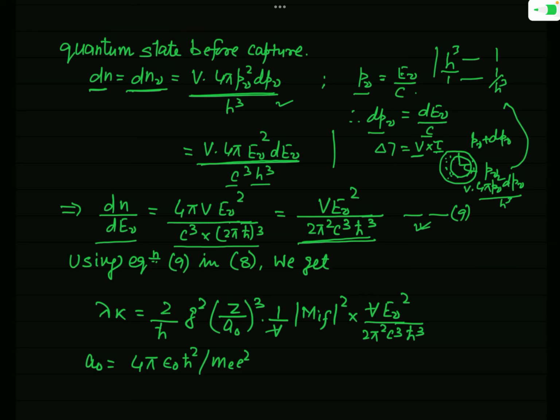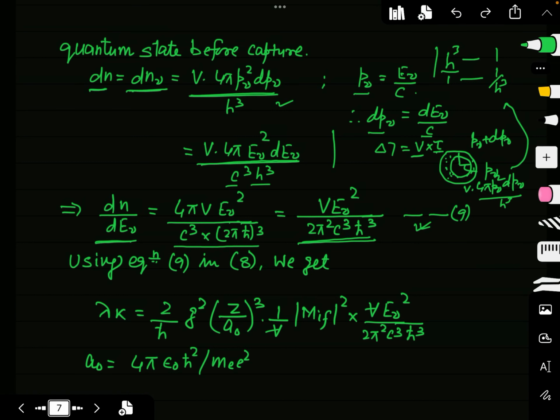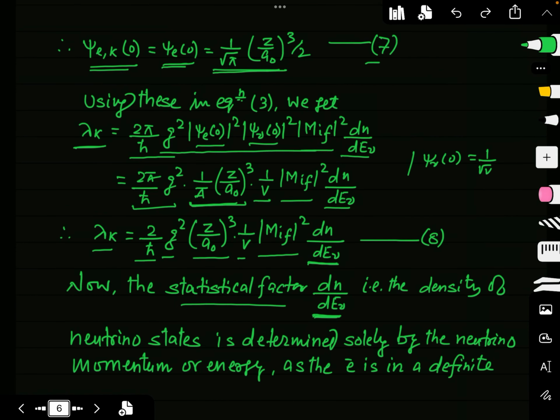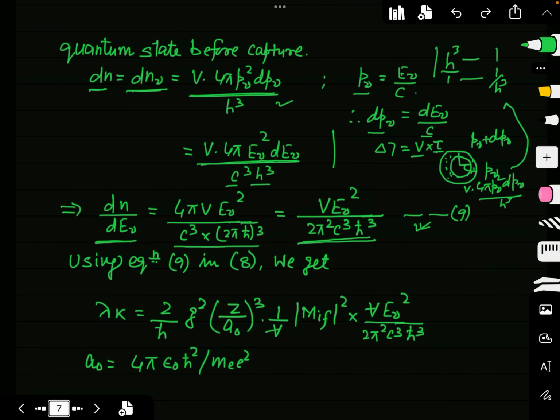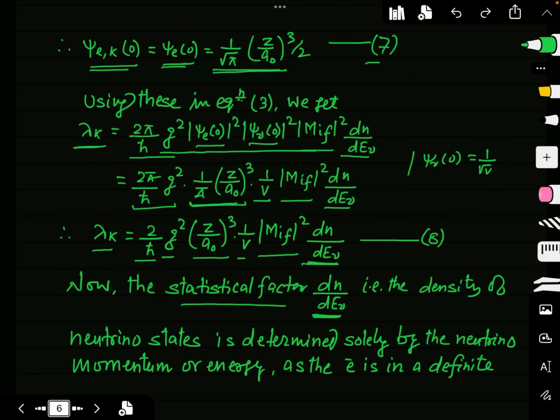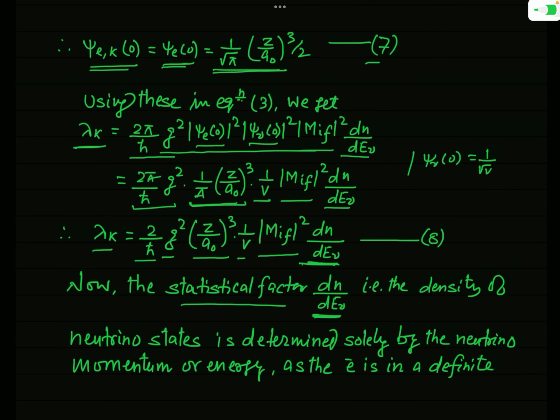Now we will substitute this value of dN by dE nu in equation 8. Instead of dN by dE nu, we will write the expression which we have just obtained, and then you will get the value of lambda k.